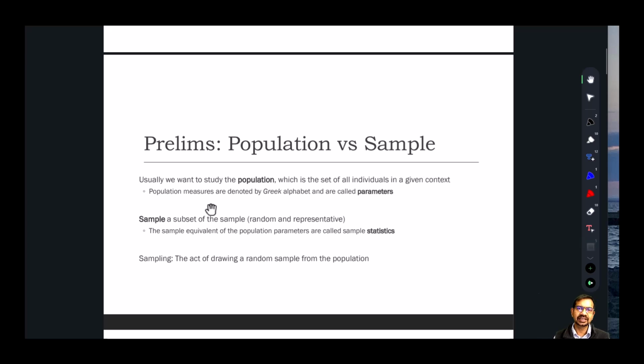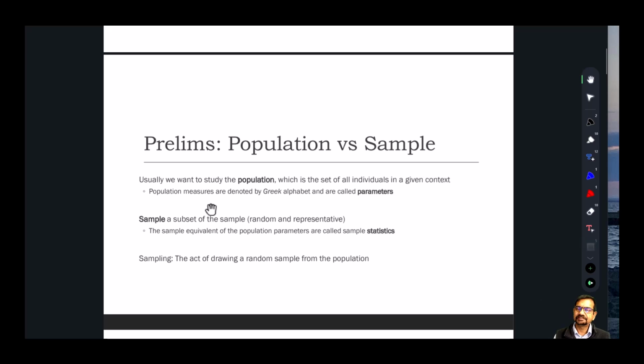It's costly, it's impractical, and in most cases it's not even needed. So instead of examining the entire population, we often draw a sample from the population. And the sample ideally should be random, should be representative. We'll talk in detail later on more about what these terms mean.